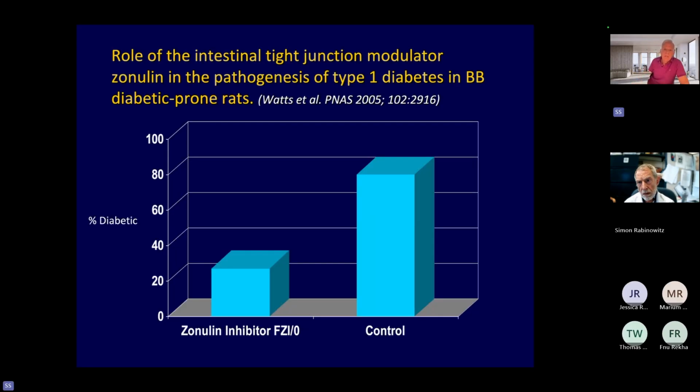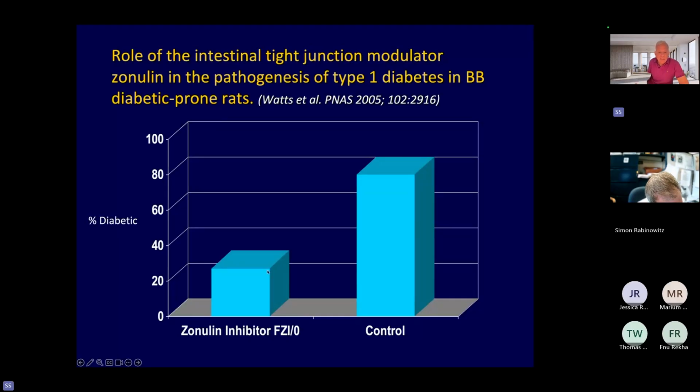And just an interesting sidelight to look at the relationship with other diseases. This is a study done some years ago looking at the role of intestinal tight junction modulator zonulin in the pathogenesis of type 1 diabetes in diabetic-prone rats.